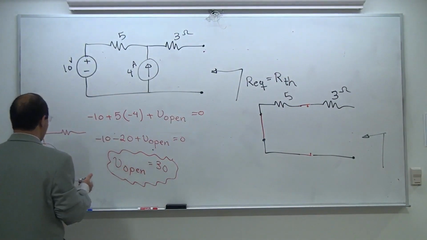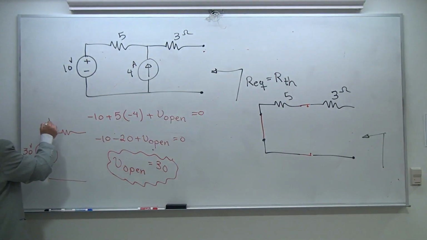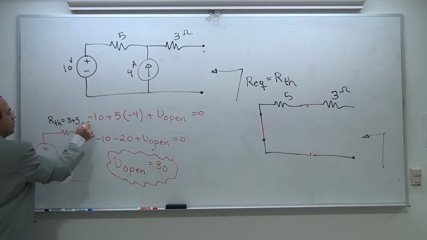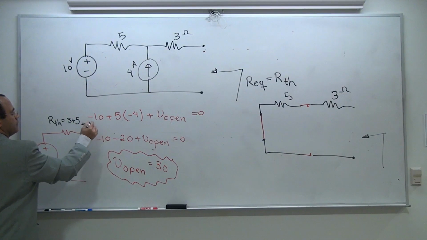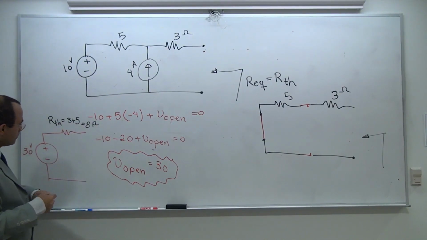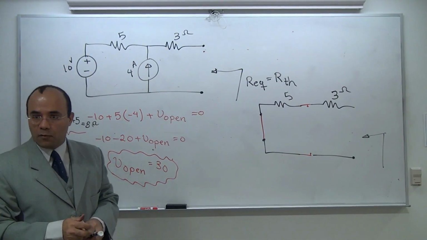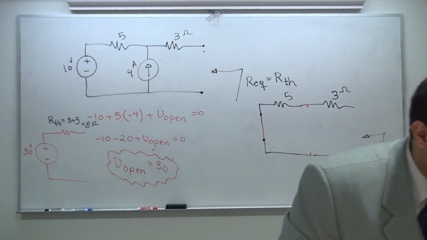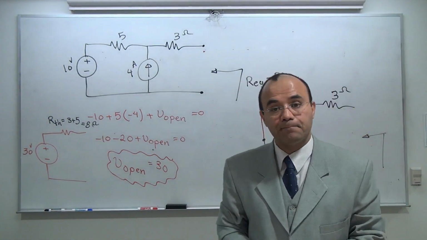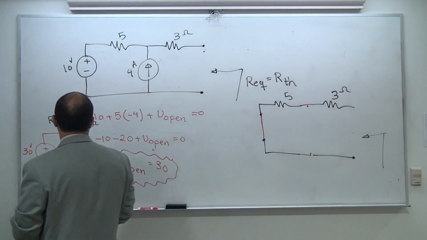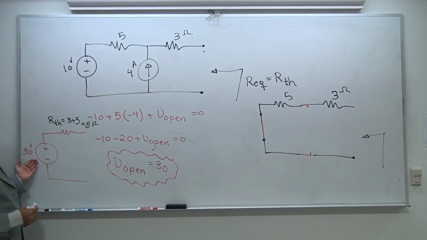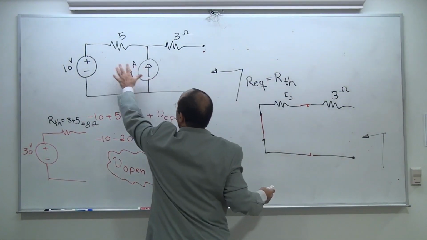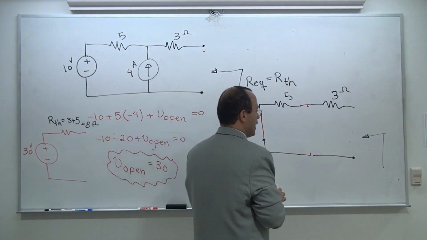So R Thevenin is going to be 3 plus 5, which is 8 ohm. If you take a look at what we did in the previous stage, you must have had basically an 8 ohm already. Okay? Thevenin now has been found by open line. R Thevenin now has been found by shutting down the current source and the voltage source.